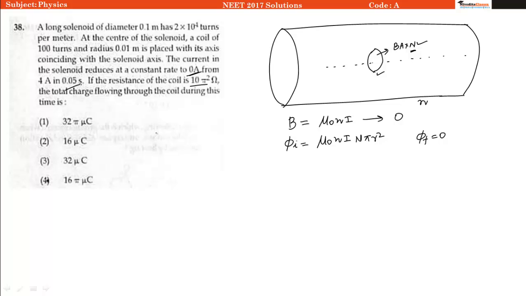Now the EMF induced is equal to minus d phi by dt, or I can say phi initial minus phi final divided by delta t, or we can say that EMF will be equal to phi initial divided by delta t. So this is the value of EMF. We have to find the value of the charge.